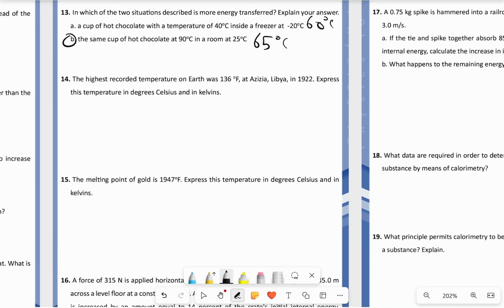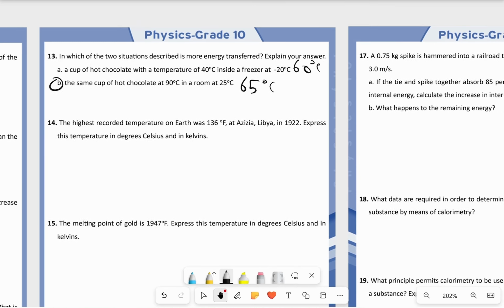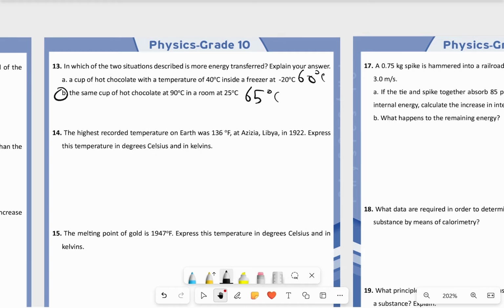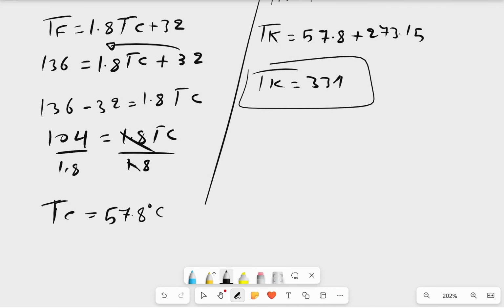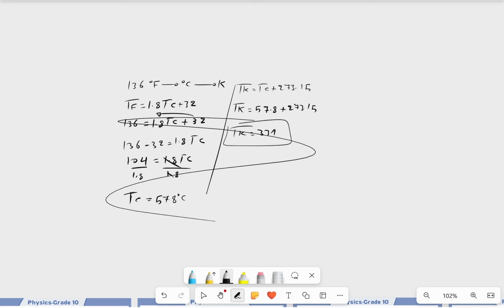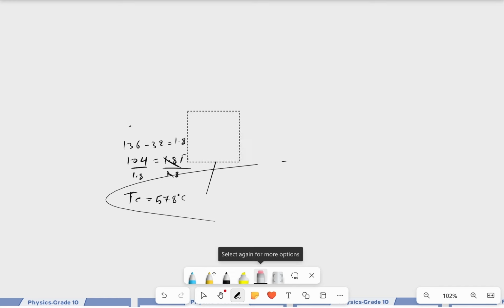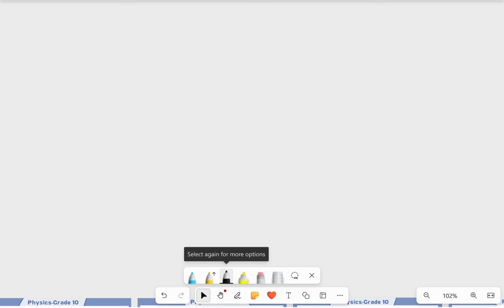We have question 15, the same thing as question 14. Let's solve this one too. We have 1947 Fahrenheit. Change this to Celsius, change this to Kelvin, okay? Same thing. TF is equal to 1.8 TC plus 32.